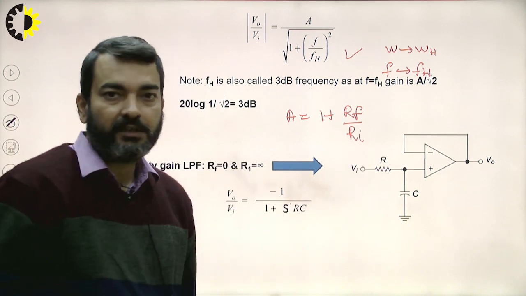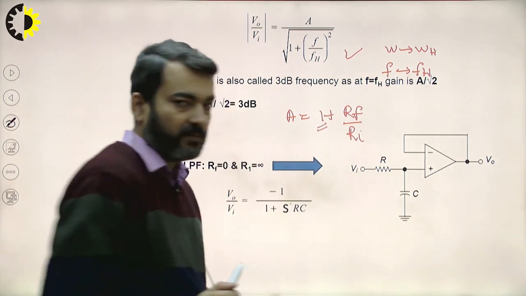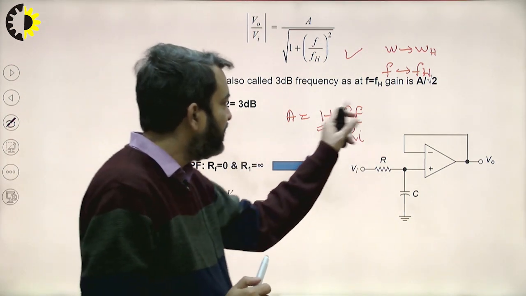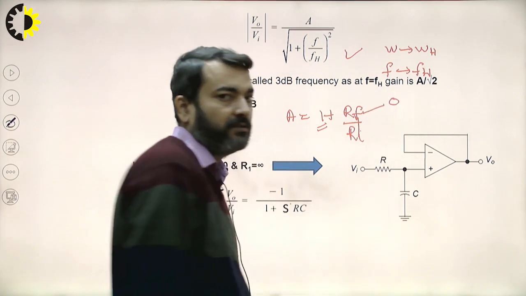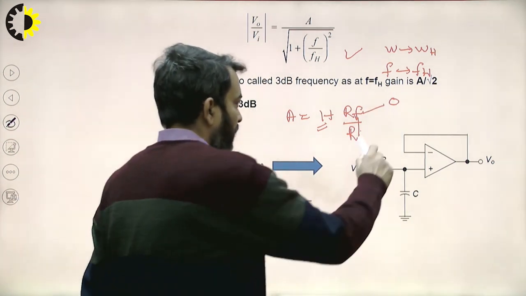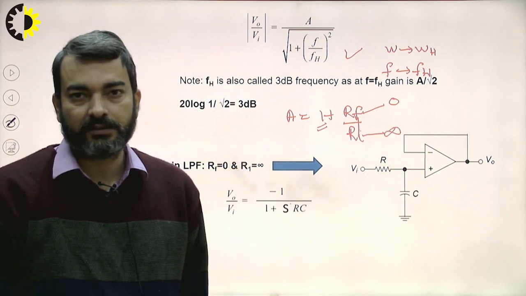If we need to make gain unity, we need only this factor, so we have to eliminate this factor. So we will say if Rf is 0 or Ri is infinite, we will get the unity gain condition.